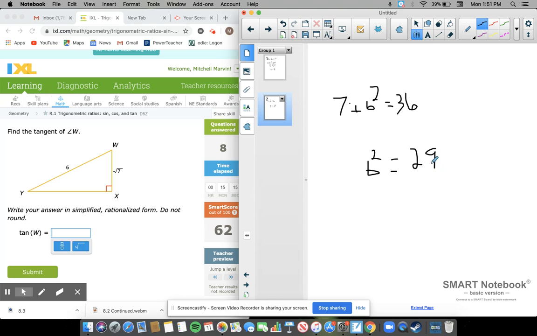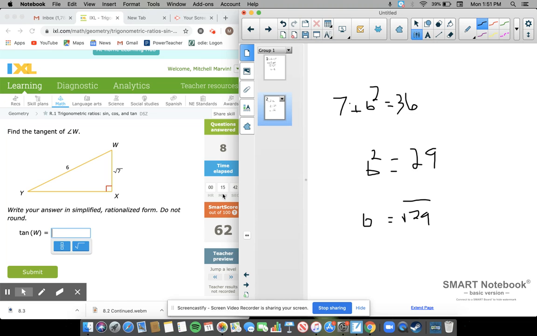Then I take the square root of that and I get b equals the square root of 29. Whenever we get a radical, we want to ask, can I clean up that radical in any way? Square root of 29, are there any clean squares in there? Nope, it's pretty much stuck as it is.